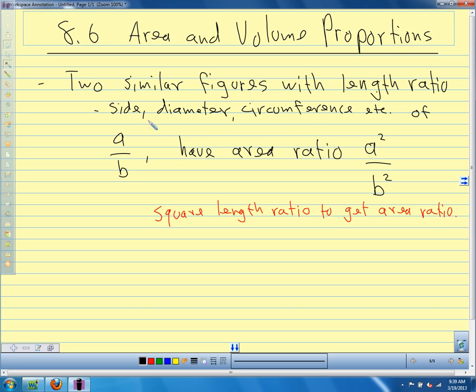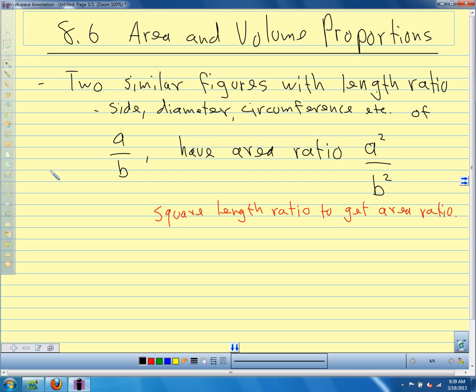And any length ratio in our similar figure is going to be A over B. So we know the side ratio is A over B. The ratio of the heights is going to be A over B. The ratio of the perimeters is going to be A over B. Any length ratio is going to be the same. And we square that to get the area ratio. So any questions about what this rule is telling us?